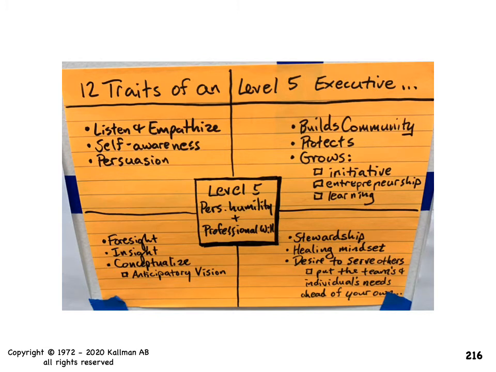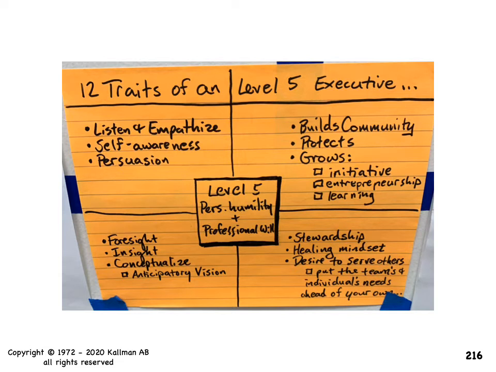Level 5 executives are also stewards. They have a healing mindset. A lot of the Taylorism that we've had during the last 100+ years has been extremely damaging to people. It damages their morale, it damages their spirit, it damages the person at multiple levels.